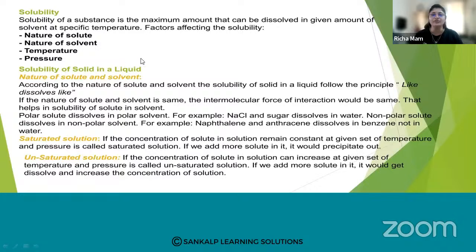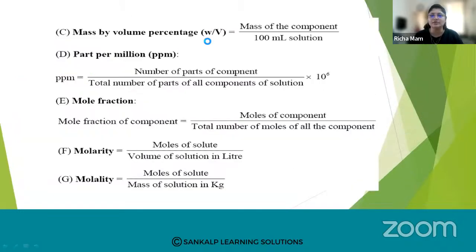Parts per million is the number of parts of solute present in a million parts of solution. So this is parts per million.